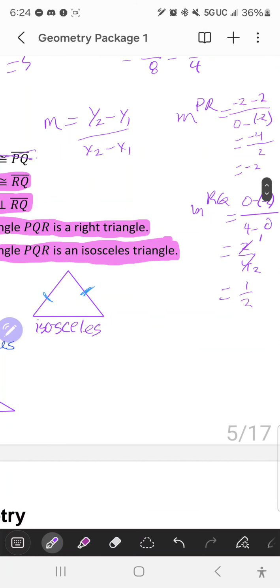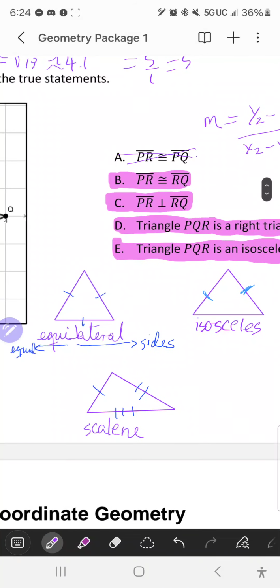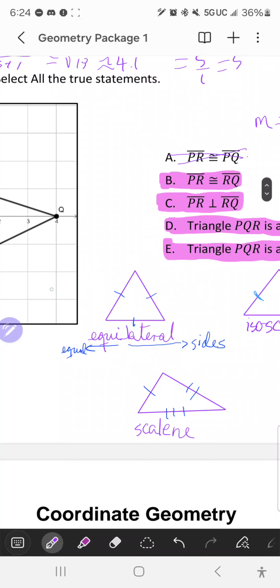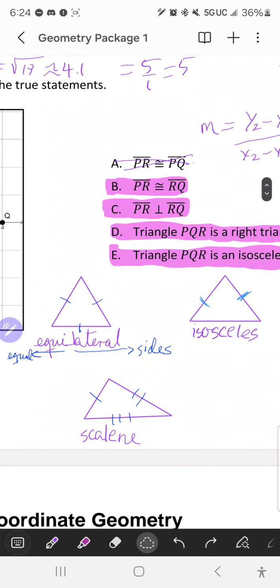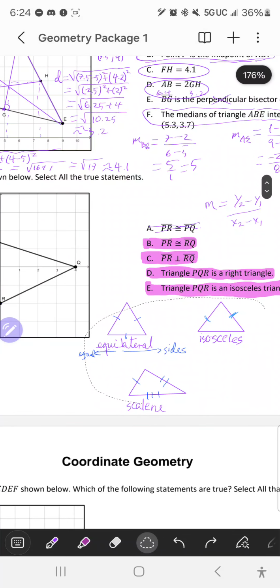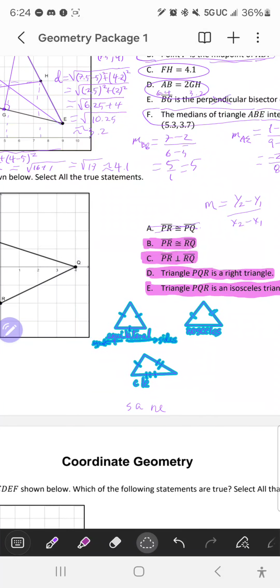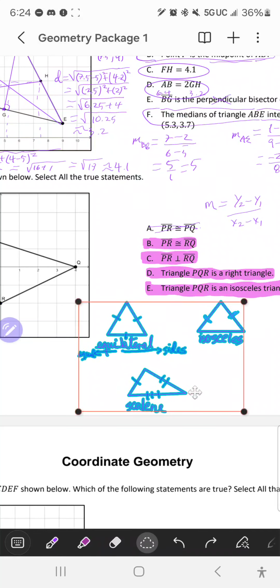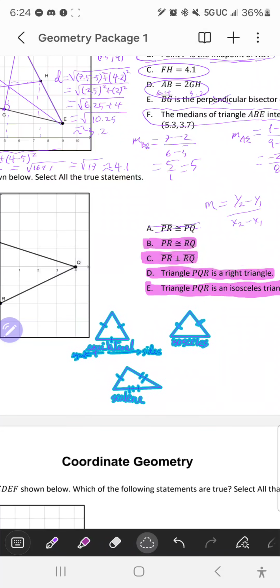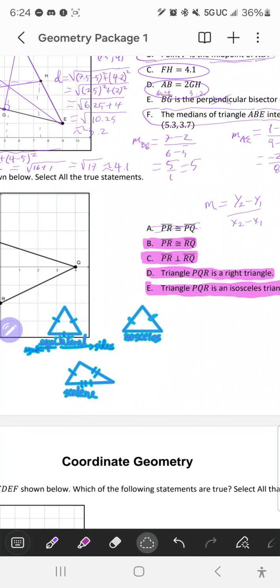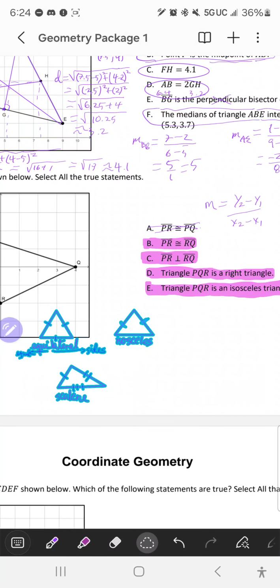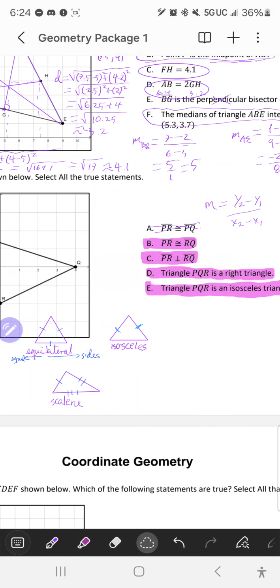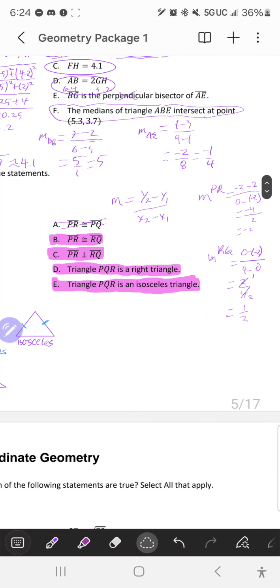Right triangle is a triangle. Wait, I'm going to do a little box here. Wait, no, let me put this all together. And I can basically put it here.